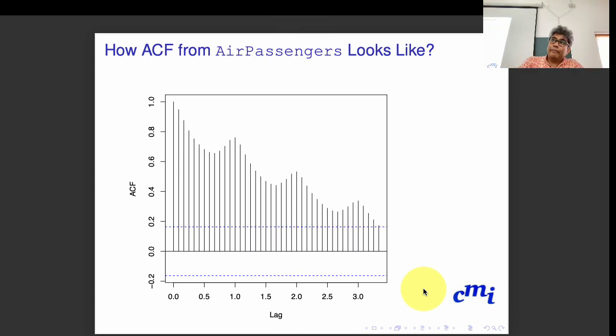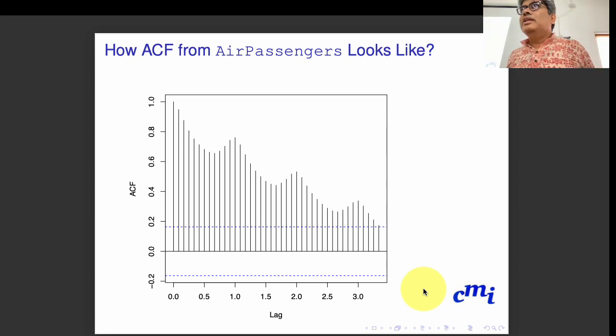Now I took the air passenger data and just plotted the ACF. Certainly it is not white noise. If you see an ACF like this, you will know immediately that your series is not a white noise.